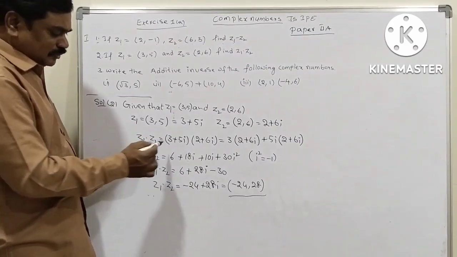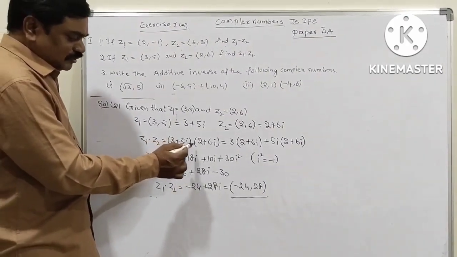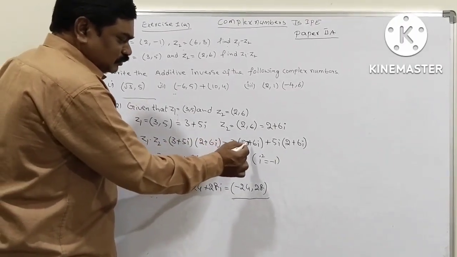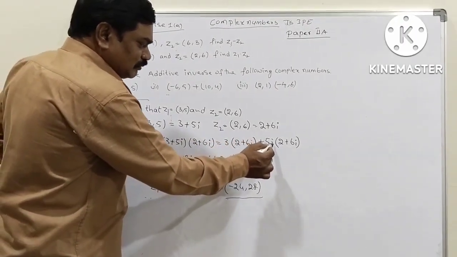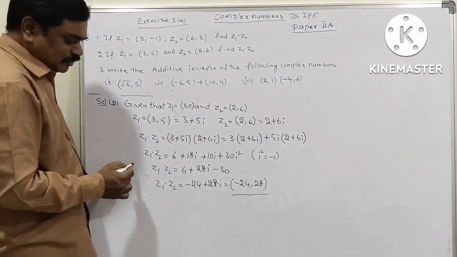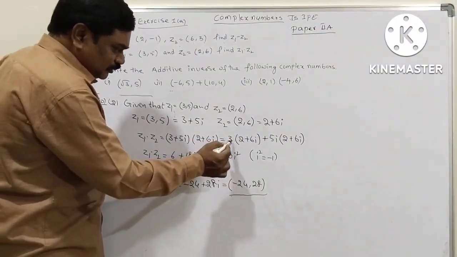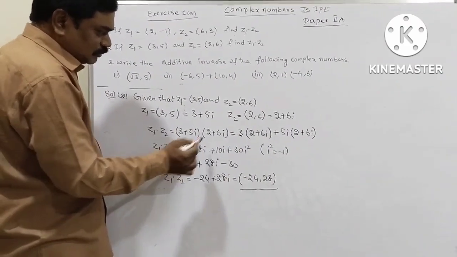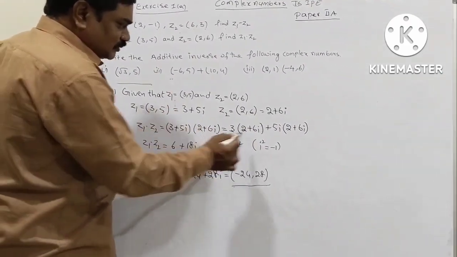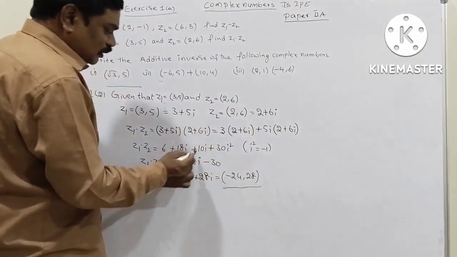Z1 Z2 is equal to 3 plus 5i into 2 plus 6i, that is 3 of (2 plus 6i) plus 5i of (2 plus 6i). So 3 into 2 is 6, plus 3 into 6i is 18i, plus 5i into 2 is 10i, plus 5i into 6i is 30i squared.